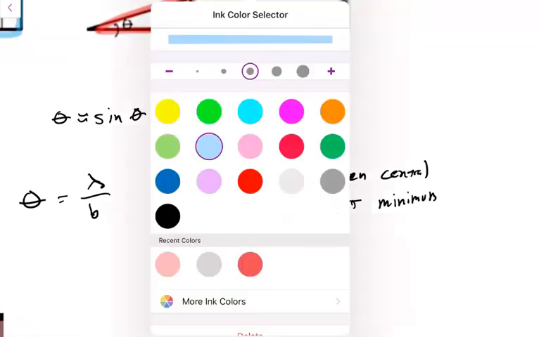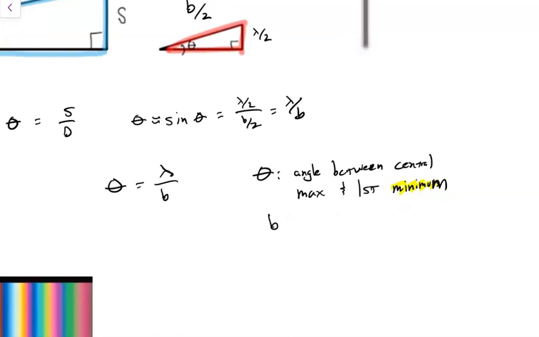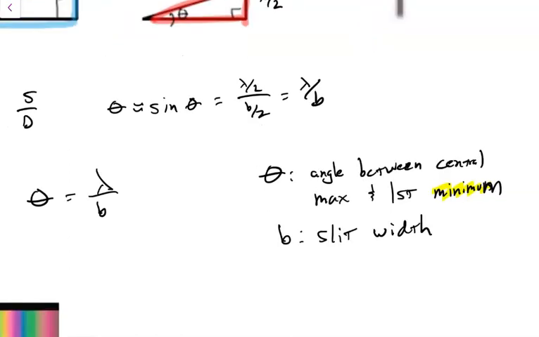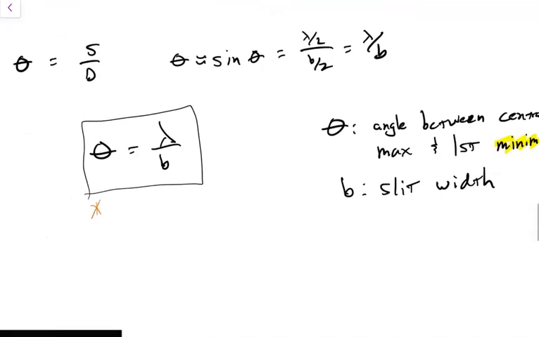And that's super important, especially first minimum. That's what that says. And b is the slit width. So this equation right here, that is in your data booklet.